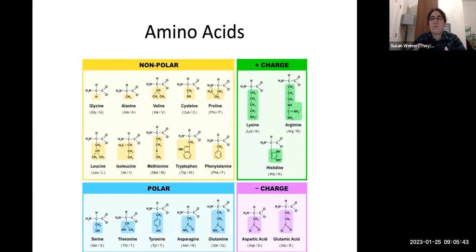And this is important because we can build proteins that are hydrophobic or hydrophilic or have hydrophobic sections. And this allows us to have proteins that can cross over the membrane. So we can have proteins that pass through the cell membrane by having non-polar sections in the middle that allow them to pass through that.